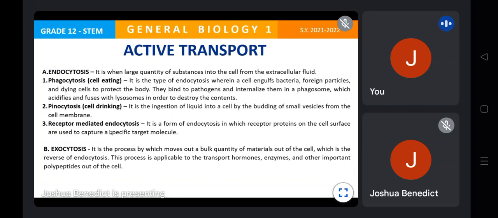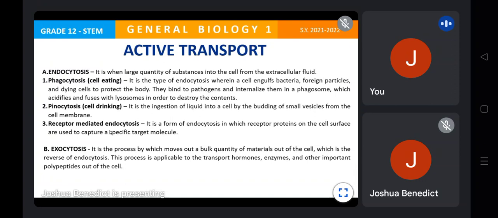So, first, you have phagocytosis or cell eating. It is when the cell engulfs or eats bacteria, foreign particles, pathogens, etc. Anything that may cause harm to the cell. Kakainin ng cell yon through phagocytosis, then they bind the pathogens and internalize them into phagosome.